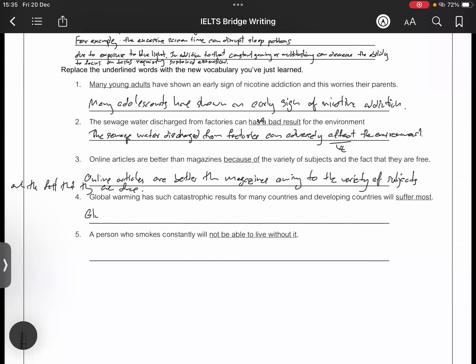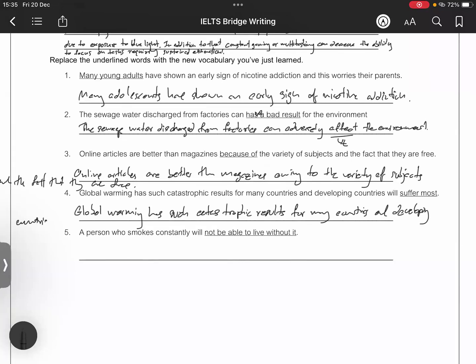So we can write it as global warming has such catastrophic result for many countries, and developing countries will take the most damage.